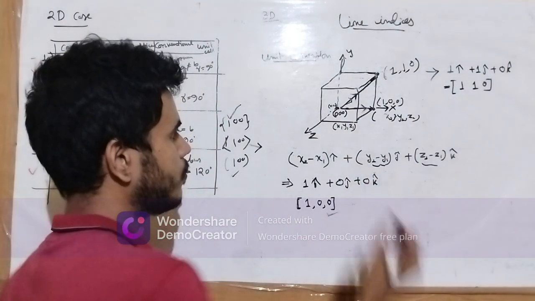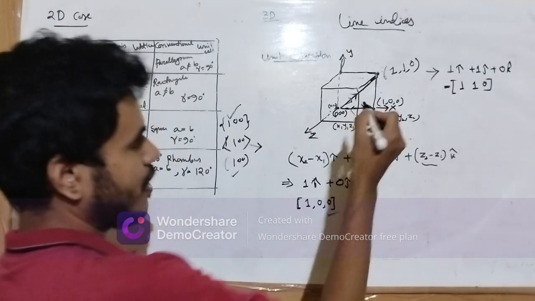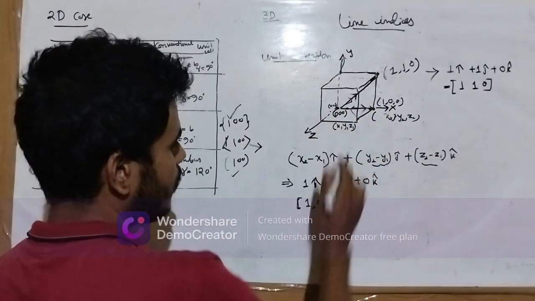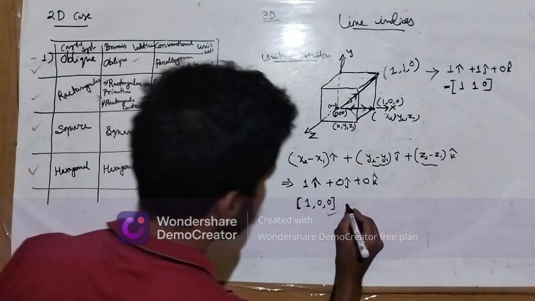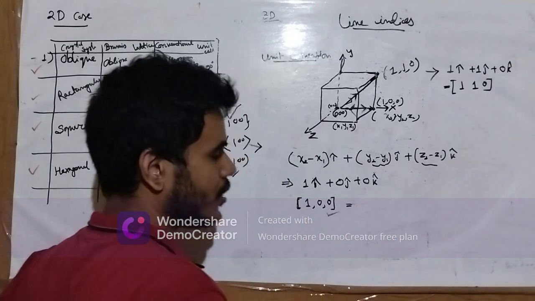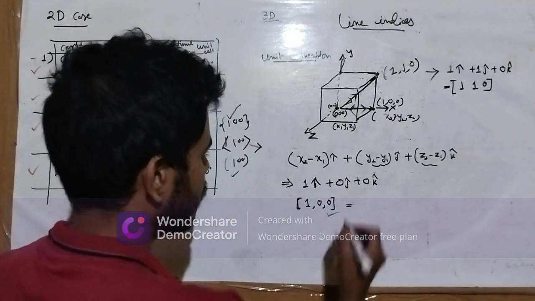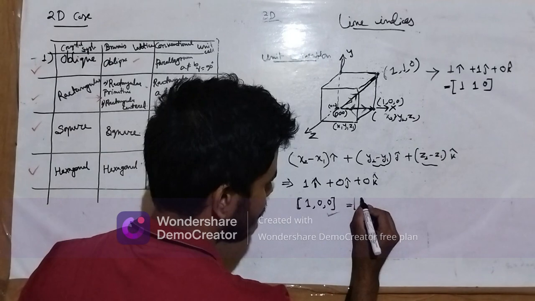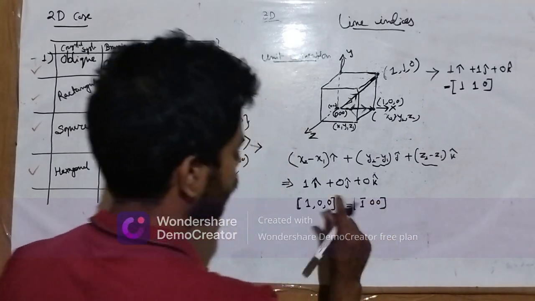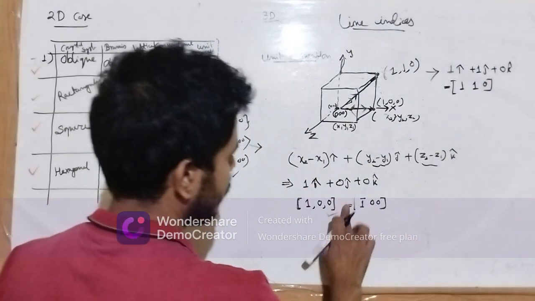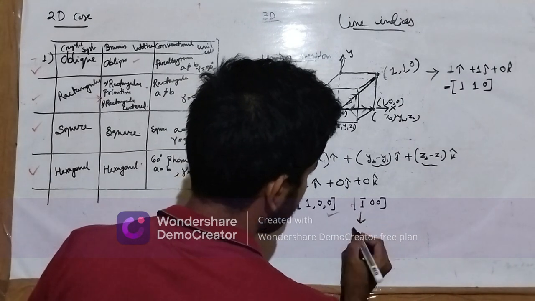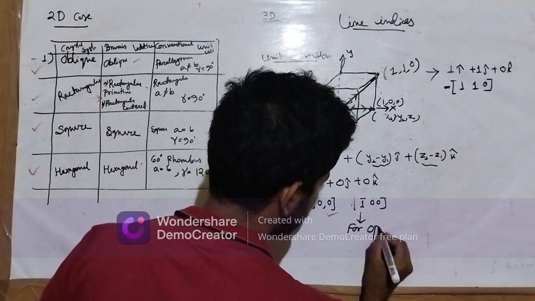What happens if you define the opposite direction? In this case, the 1 will be -1. In line indices, we use a bar to define the minus.